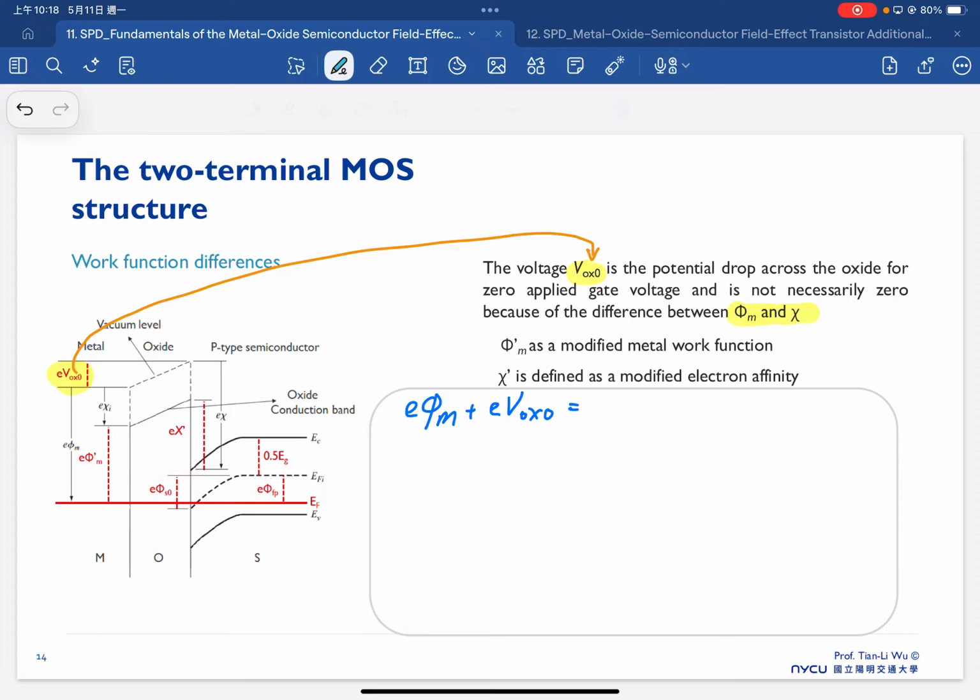So just let me write the result first. Electron affinity plus half band gap minus E phi S0 plus E phi FP.